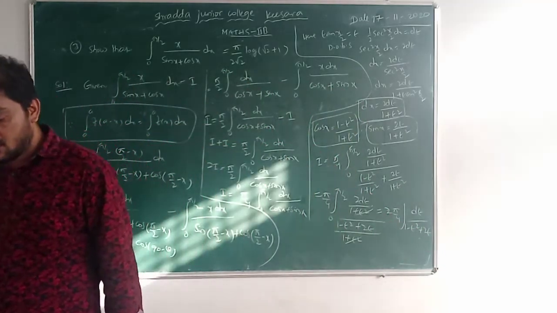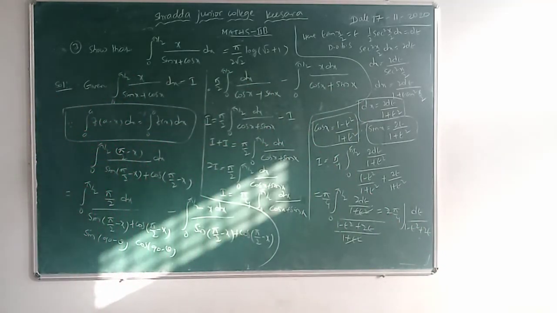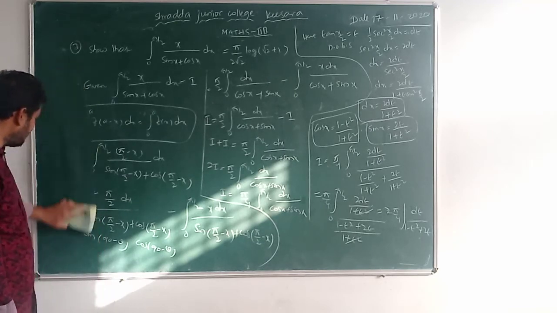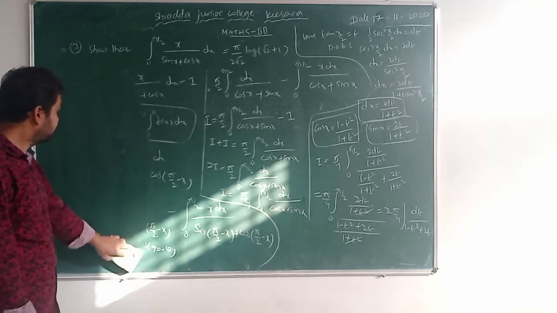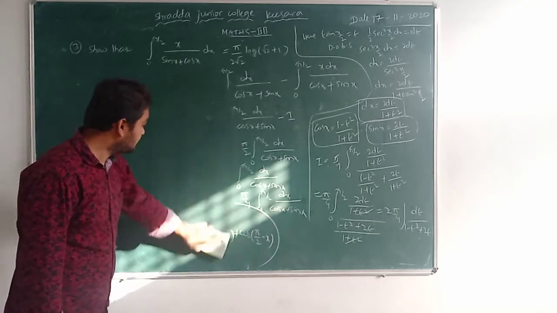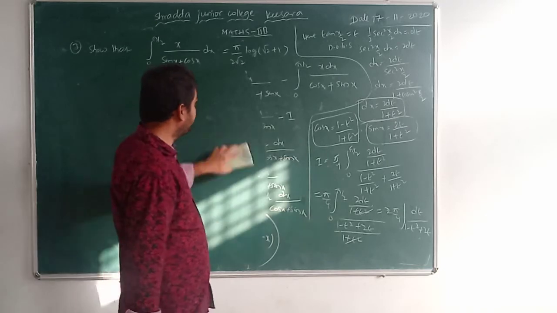Now see how the denominator is in the form ax square plus bx plus c. Already we know the method in the integration: we can change it into a into (x plus alpha) whole square plus beta.